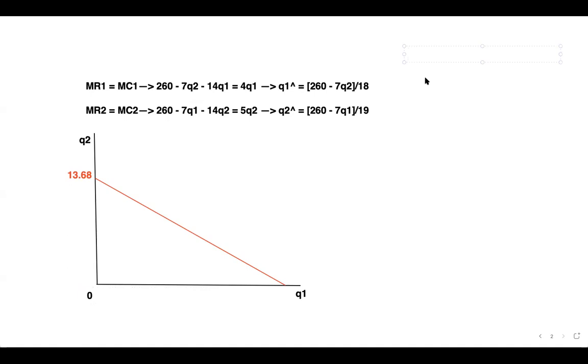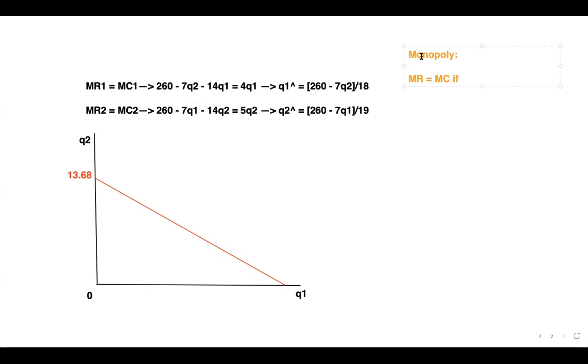So I'll put it in a different color over here. If we're going to do the monopoly equilibrium, we would be setting marginal revenue equal to marginal cost, right?